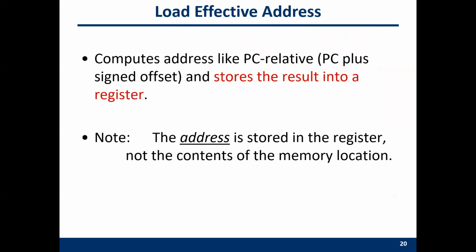At the last, we have the load effective address. In this instruction, we compute the address like the PC relative and store the result to the register. The address is actually stored in the register, not the content.